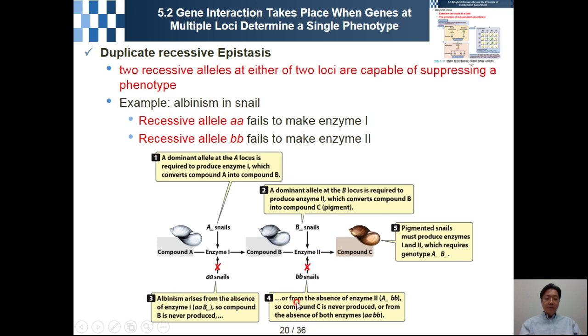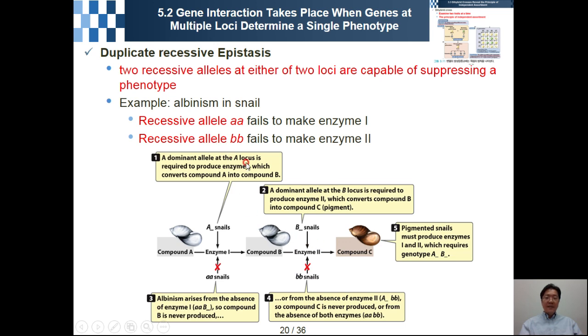Albinism arises from the absence of enzyme 2. That means small bb, so large A with small bb. So compound C is never produced. Or albinism arises from the absence of both enzyme 1 and enzyme 2.